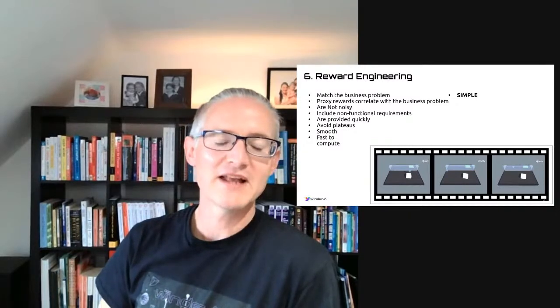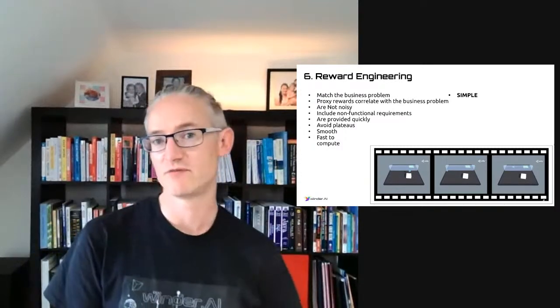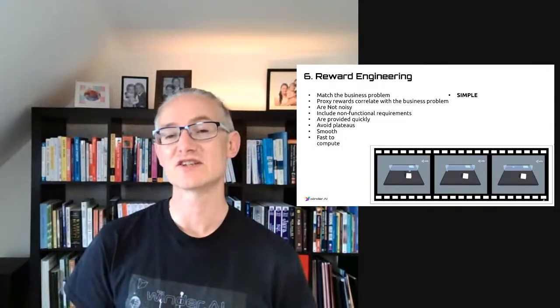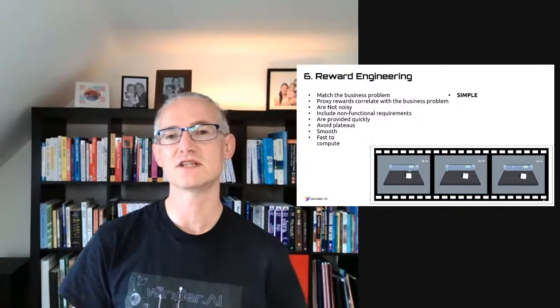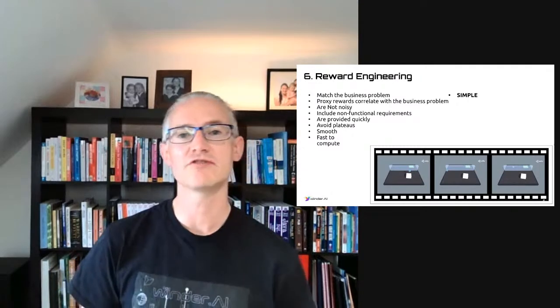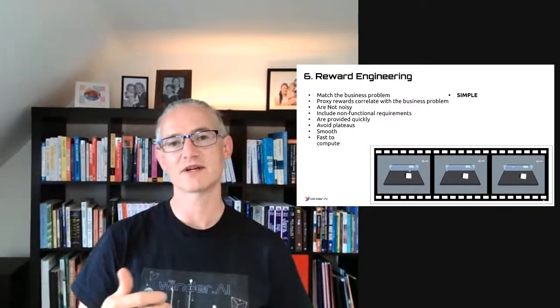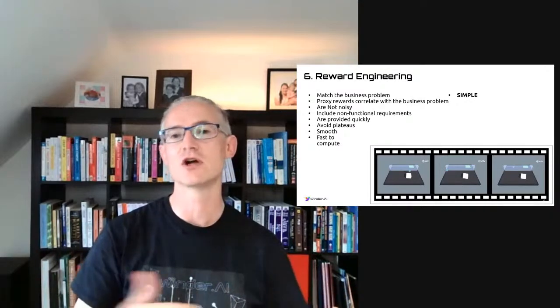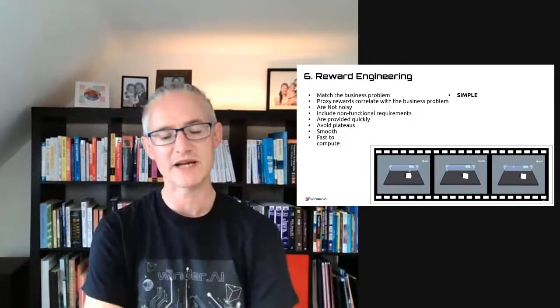What metrics can you come up with that are proxies to the real life business problem? And ideally, you could probably just use the business metrics, the business KPIs. If it's number of users or profit or something that's directly related to the business, that's actually the best case scenario, because then there's no translation error. There's no loss in the translation from the business problem to your definition of metric.